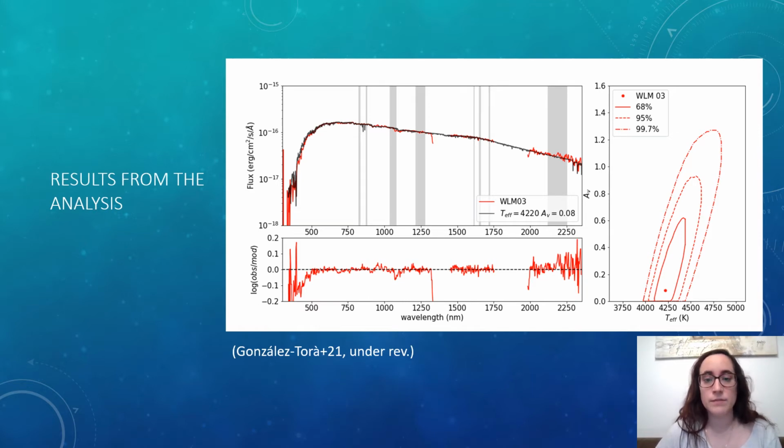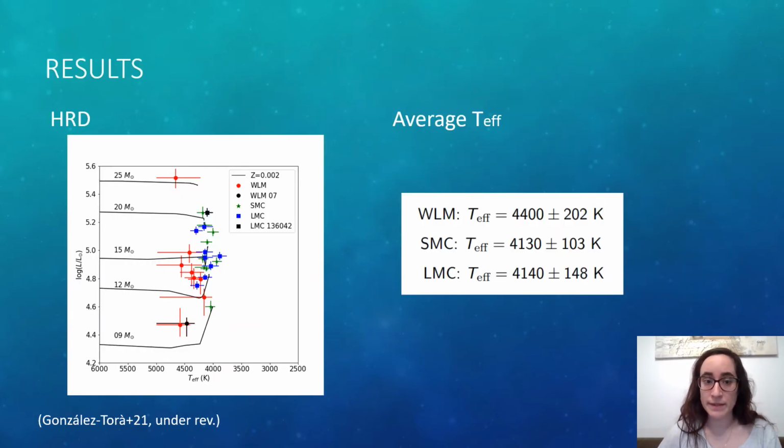On the bottom are the residuals of this fitting, and on the right we have the parameters that we obtained, so the effective temperature and extinction, with their error contours. We repeat this process for all the red supergiants in the WLM sample, but we also do this for the SMC and LMC red supergiants because we want to have completeness.